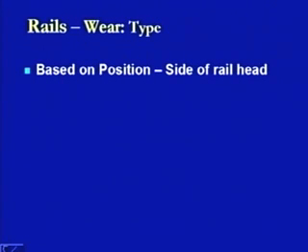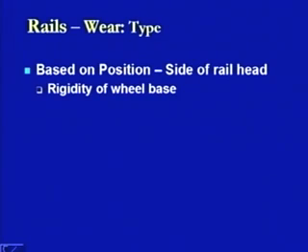The reasons due to which this is happening: one is the rigidity of the wheelbase. Again and again we have been discussing the rigidity of the wheelbase, and because of this rigidity there is a differential movement of the trailing and the leading axles.